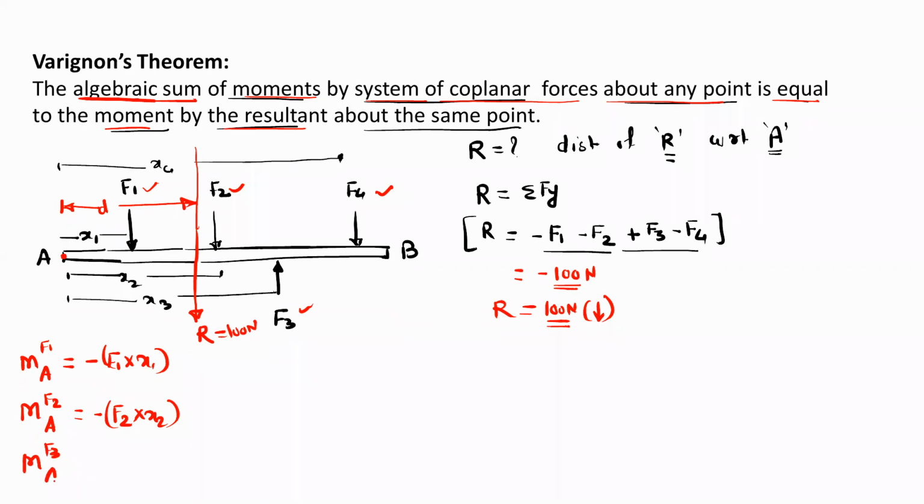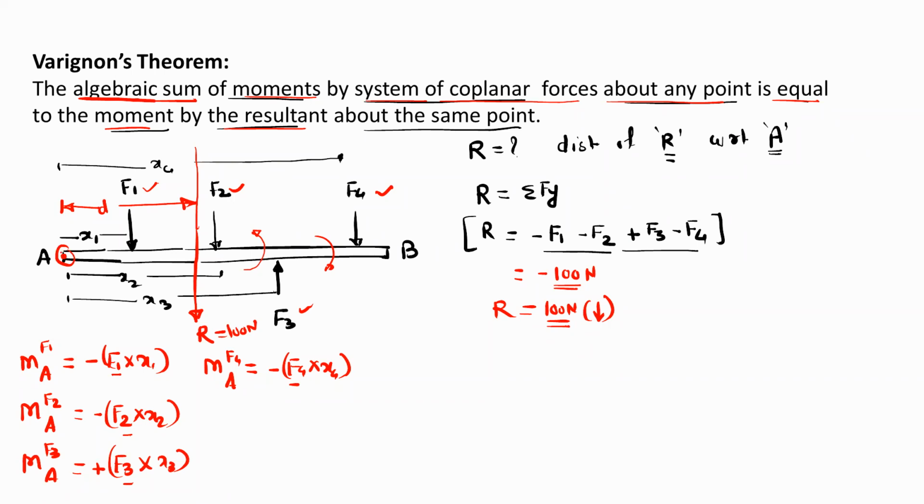Then the moment by F3 is F3 into distance x3, and this moment is in the anti-clockwise direction, so it is positive. Then the moment by force F4 about the point A is equal to F4 into x4, and this moment is clockwise, so it is negative. These are the individual moments by forces F1, F2, F3 and F4 about the point A.